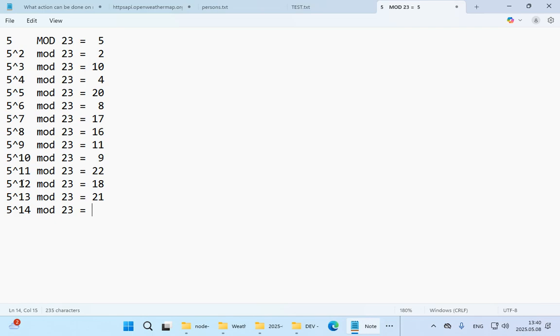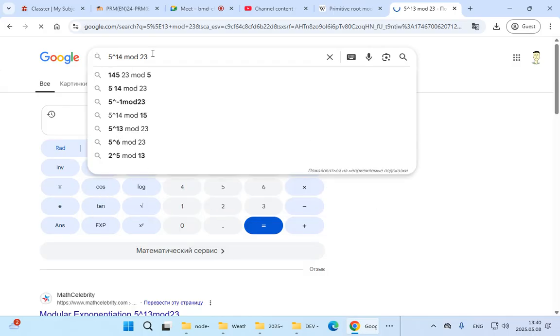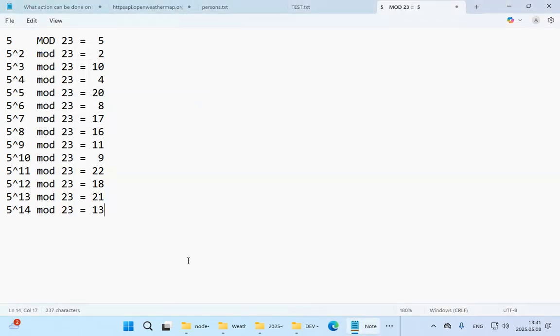I don't think it's even 32, because let's take 5 to the power of 10 and 5 to the power of 4. It's 9 times 4, it's 36. So this mod 23 is 13. Yes, let us try 14. It's 13, yes. Good.